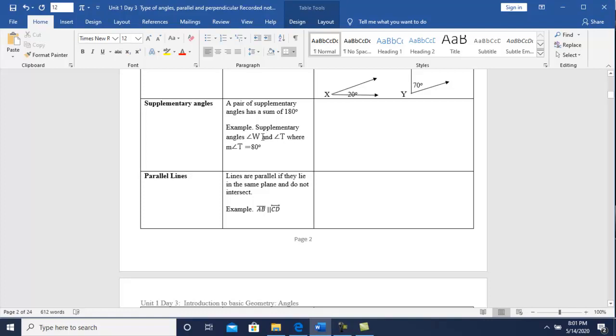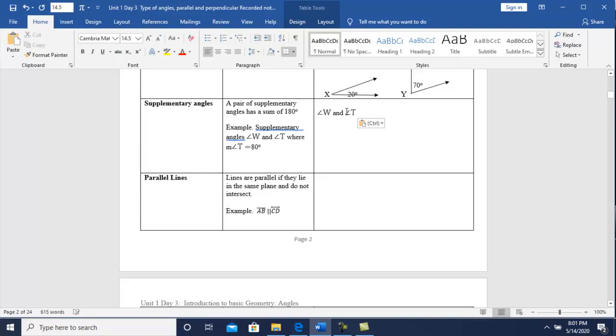So we have two angles, W and T, where T is equal to 80 degrees. Alright, so we got these two angles here. Okay, we're going to add them together. We'll take their measures, we'll use M, and that's got to equal 180.